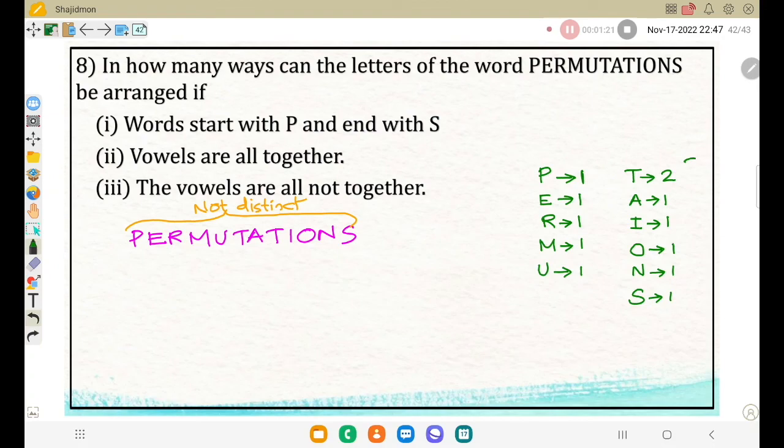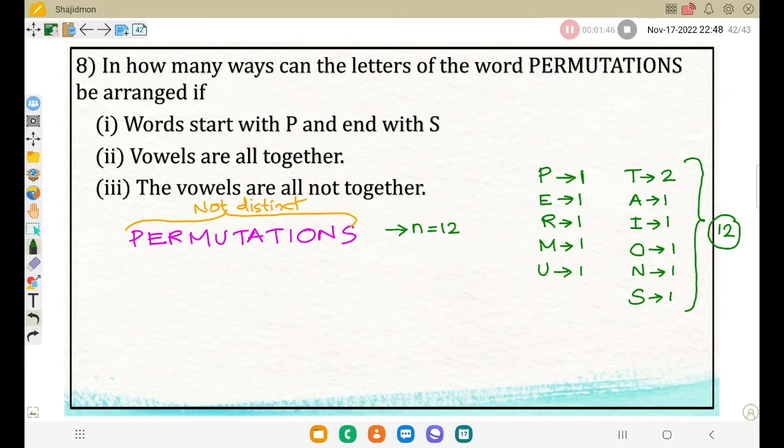So totally how many letters are there? 1, 2, 3, 4, 5, 6, 7, 8, 9, 10, 11, 12 letters are there. Totally we have 12 letters. That means N equals 12 here, because it is not distinct, T is repeating two times. Correct?